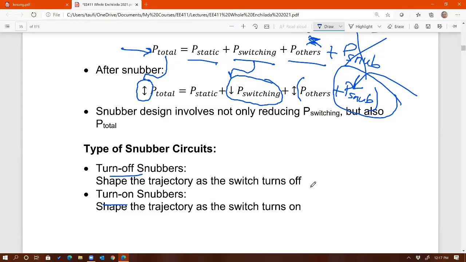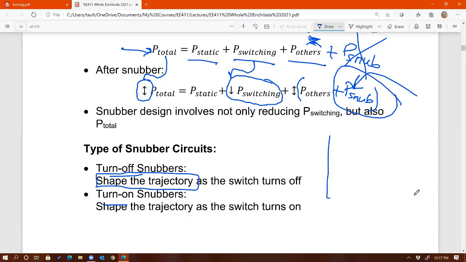The way we minimize the switching losses is by reshaping the trajectory. When I say trajectory, it means switching trajectory. So by reshaping the switching trajectory, we should be able to minimize the loss.